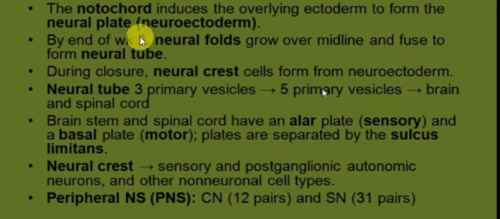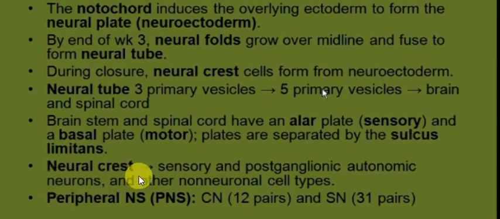This is the second step in the process, and during this closure, the neural crest cells also form from the neuroectoderm, and then the neural tube has polarity. As I said, the alar plate is the sensory plate, and the motor plate is the basal plate, the anterior part, and they are separated from each other by the sulcus limitans.